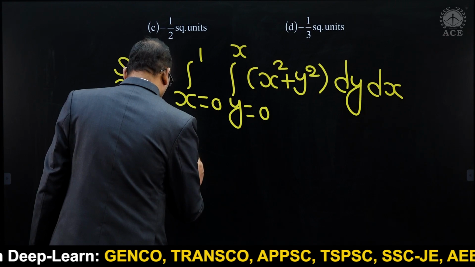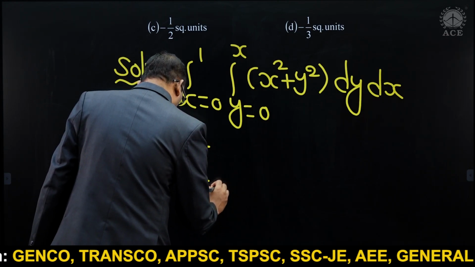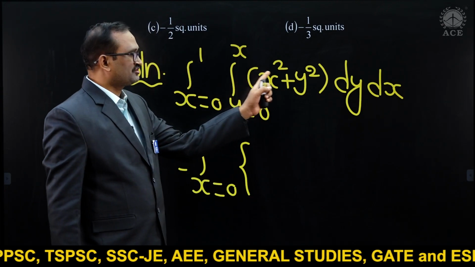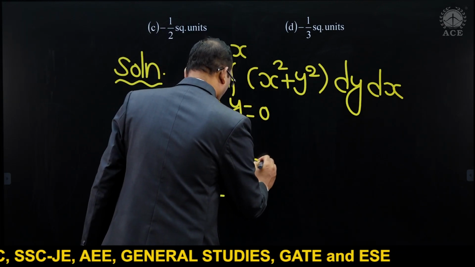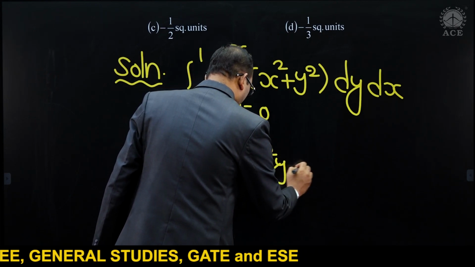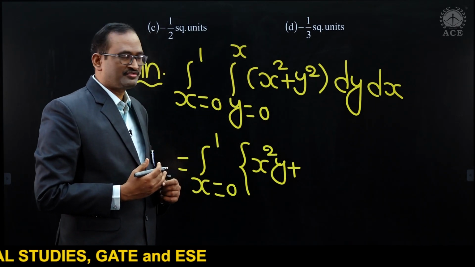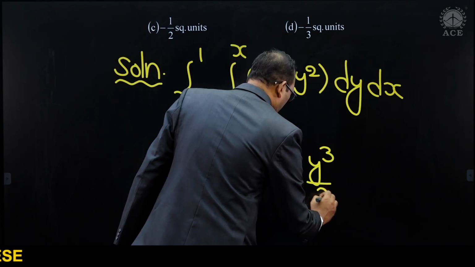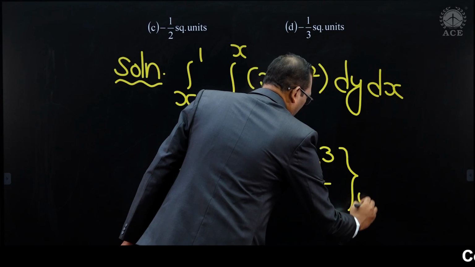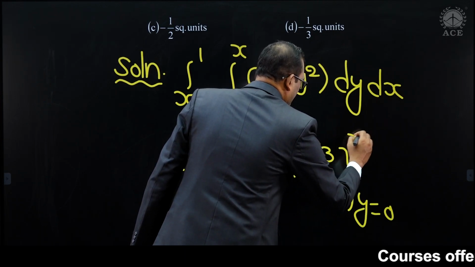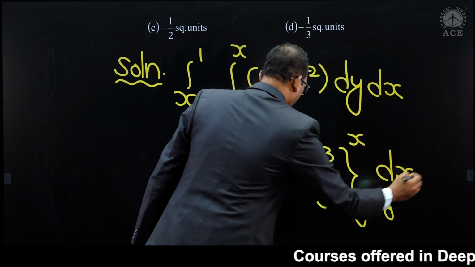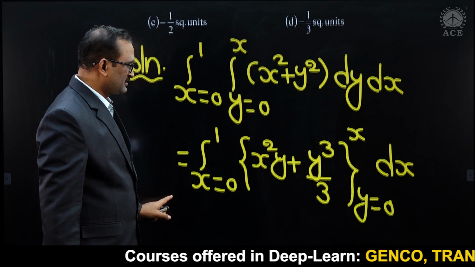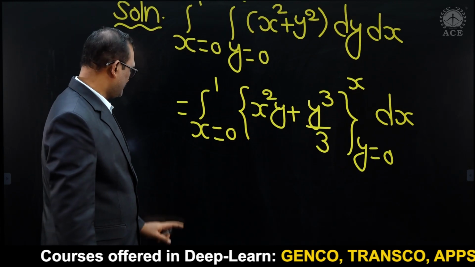So this is equal to integral x equal to 0 to 1, integral x square dy, that is x square y, plus integral y square dy, that is y cube by 3, between the limits y equal to 0 to x, dx. So, replace y by the upper limit x minus replace y by the lower limit 0.